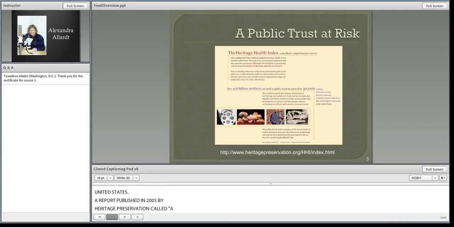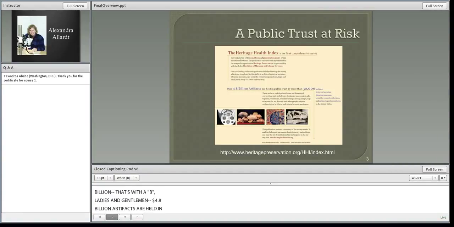The study identified 4.8 billion, that's with a B, ladies and gentlemen, 4.8 billion artifacts held in public trust by more than 30,000 archives, historical societies, libraries, museums, and archaeological repositories in the United States.